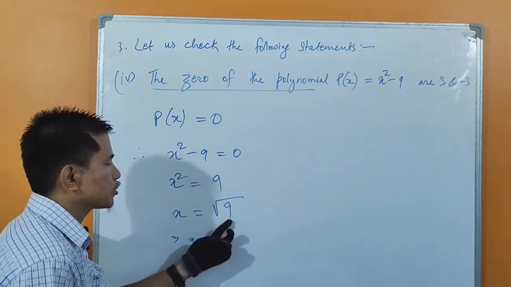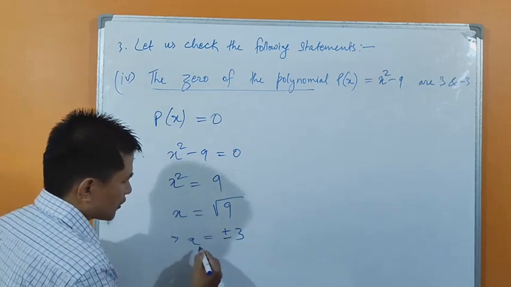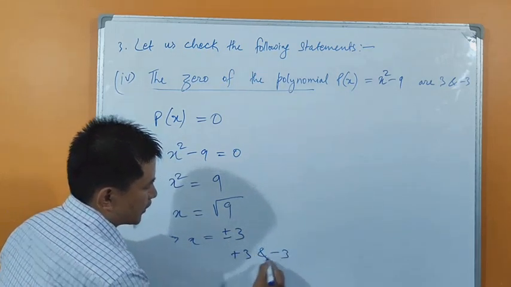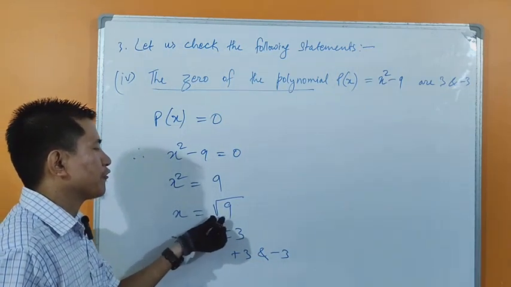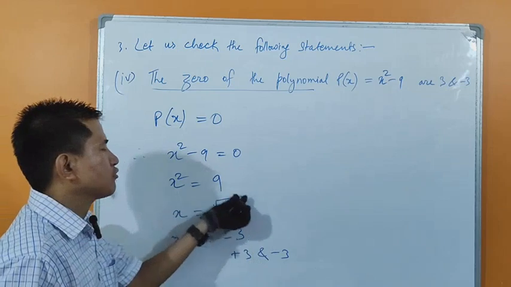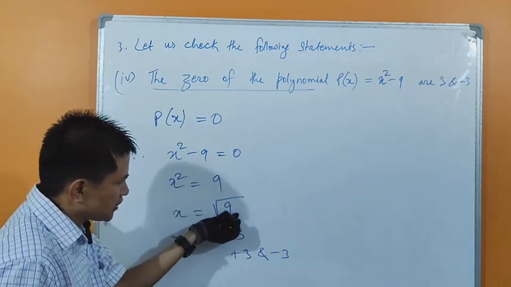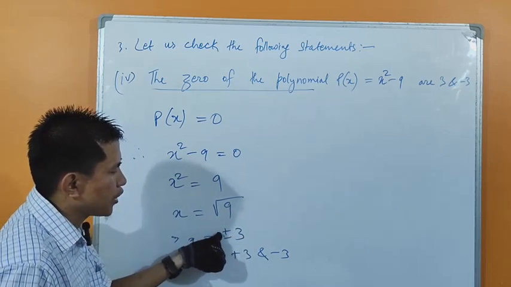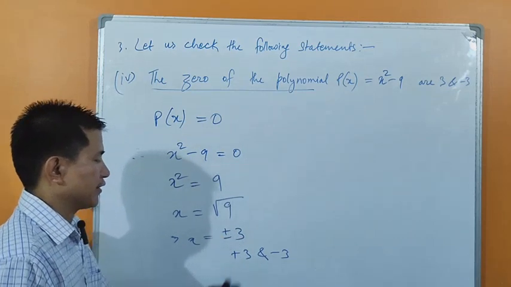When we remove the square root, it becomes plus minus 3, which means the value of x is plus 3 and minus 3. When the square root is taken out, the number which we get contains two signs, plus and minus. And this is plus 3 and this is minus 3.